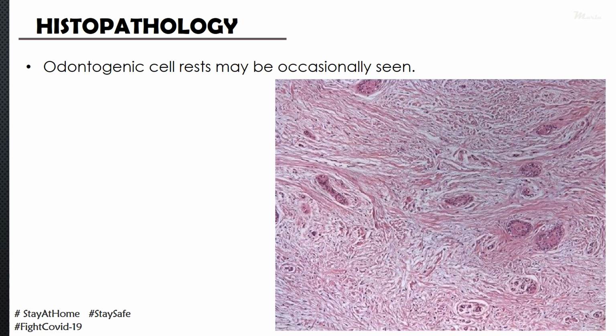The connective tissue capsule can also reveal presence of odontogenic rests. These odontogenic rests may be scattered throughout the capsule or may be found only in focal areas. Presence of odontogenic cell rests is not a diagnostic feature because these are occasionally seen.